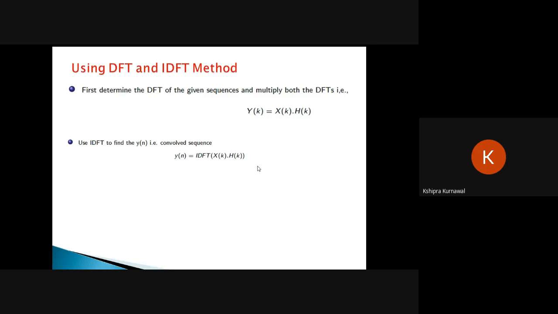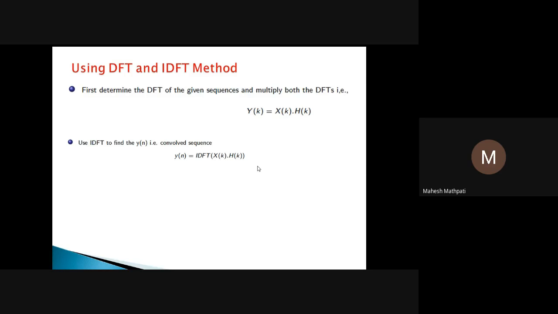Yes, sir. Okay, let us write the solution. Here, first we need to calculate the DFT of the two sequences. The two given sequences are x1 of n and x2 of n, and we want to calculate their DFTs first. So how do you calculate the DFT?